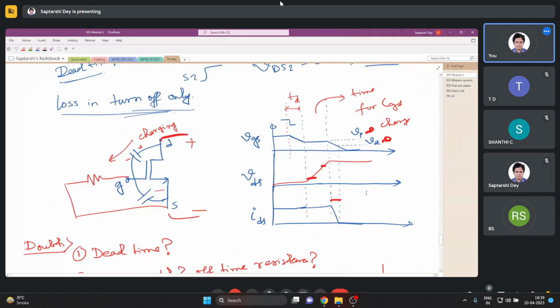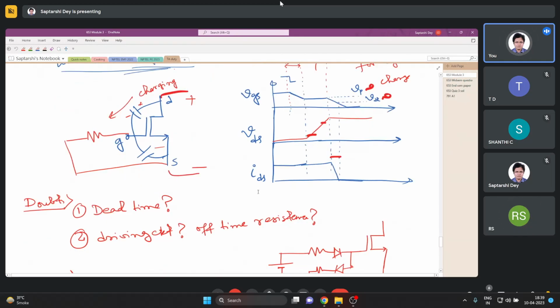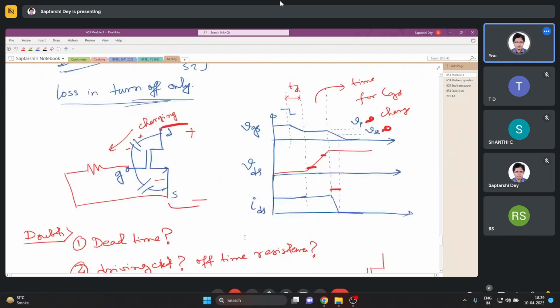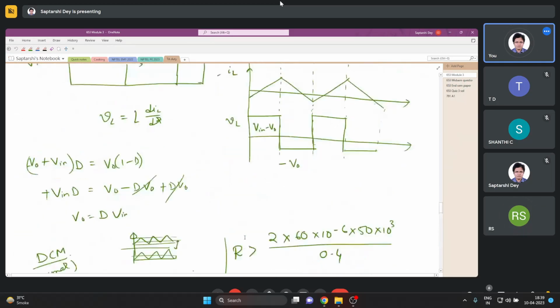These are some waveforms that we use here to teach postgraduate students. This is turn off. No, let us not talk about turn off. It is the same thing, turn on, turn off, only the mirror image.